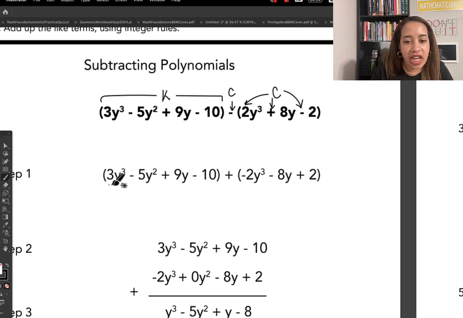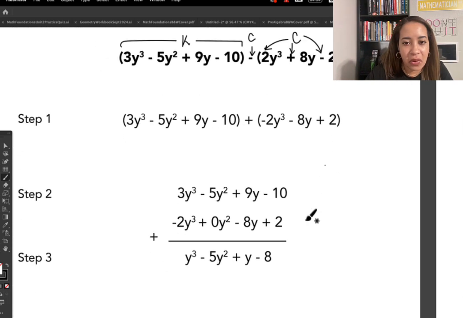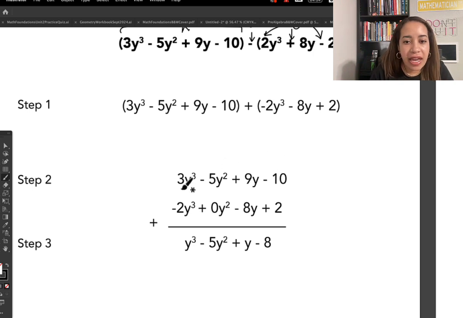Now that we have changed our problem into an addition problem, we can stack them up just like we practiced before. 3y to the 3rd power matches with negative 2y to the 3rd power. Negative 5y squared does not match with any pieces in our second polynomial.